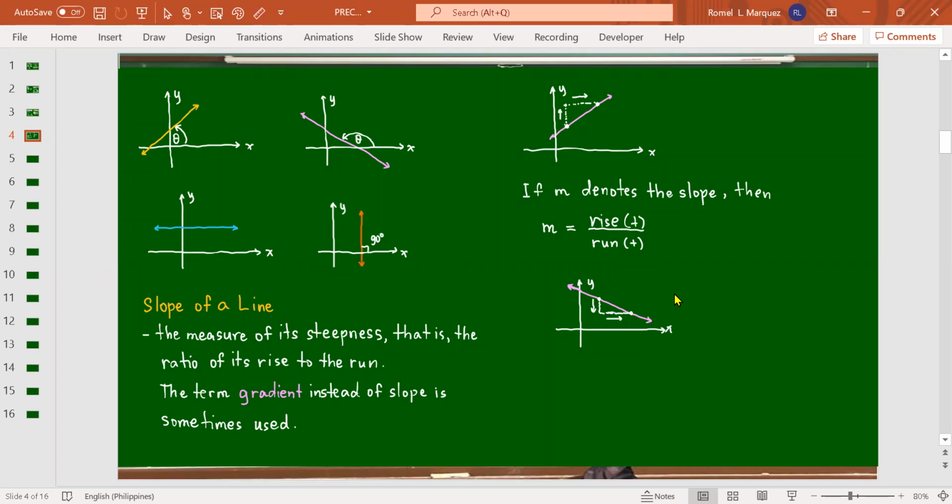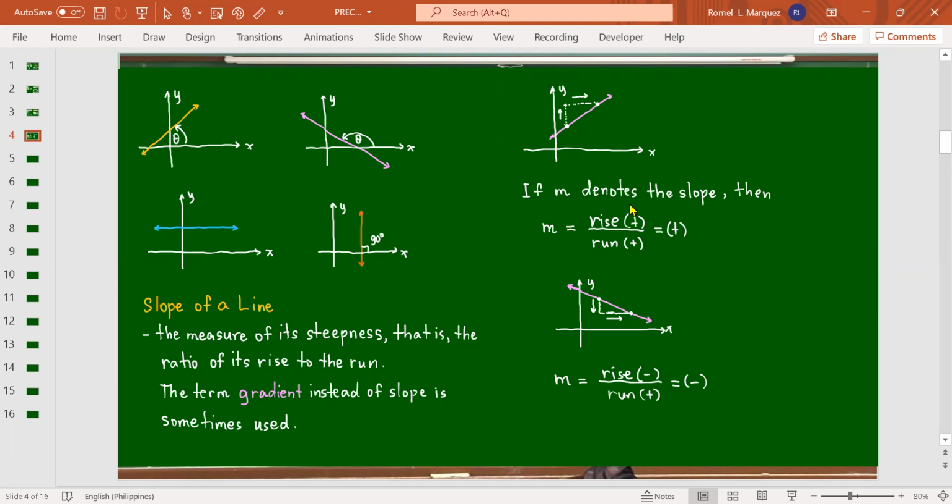My run is still positive. So slope here is rise, considered negative because going down, over run, considered positive because going to the right. So the slope here is negative, while in the first one, the slope is positive.